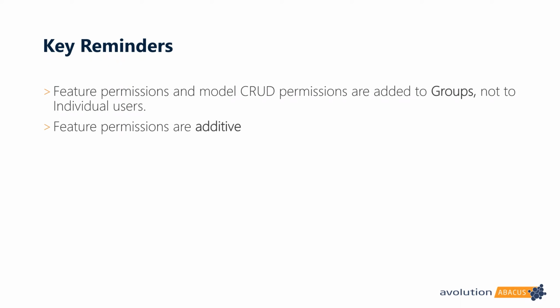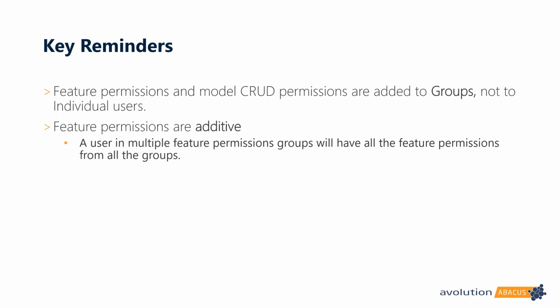Next, feature permissions are additive. So a user in multiple feature permissions groups will have all the feature permissions from all the groups. So for example, if you have a user who is in the configurer feature permission group where configurer is enabled, and they're also in another group that does not enable configurer, they will still have configurer enabled for them.